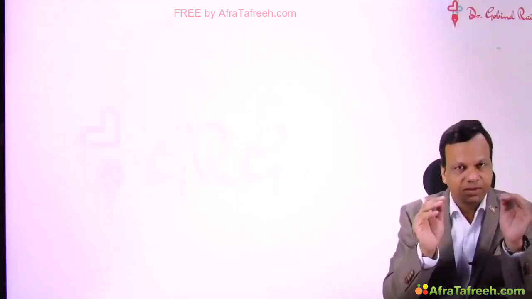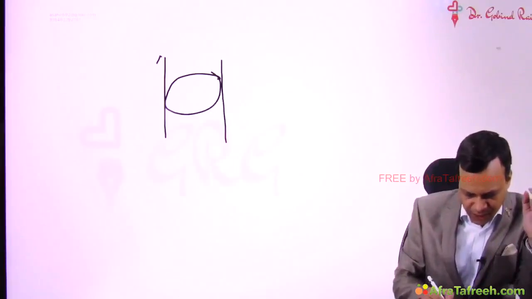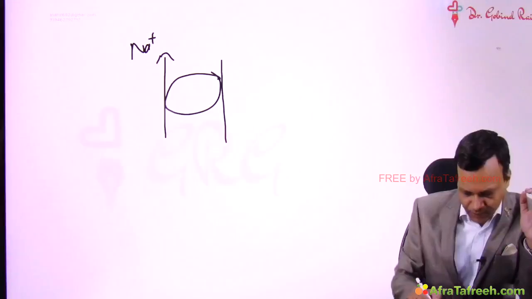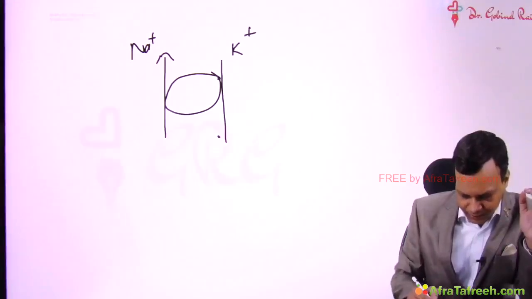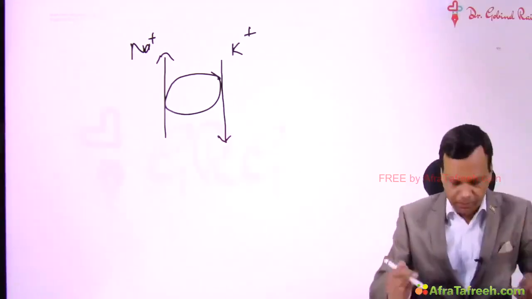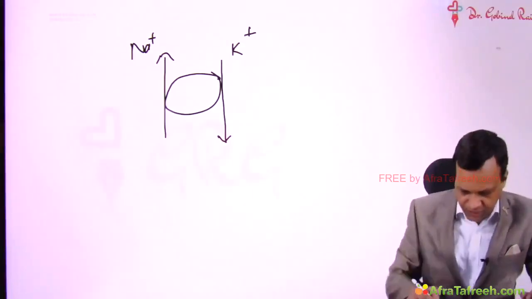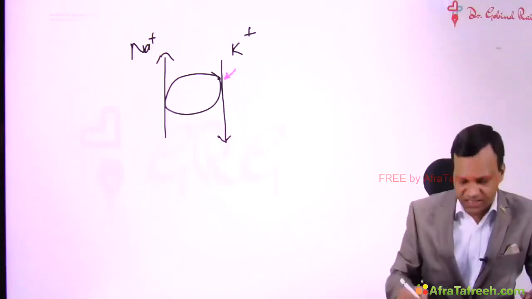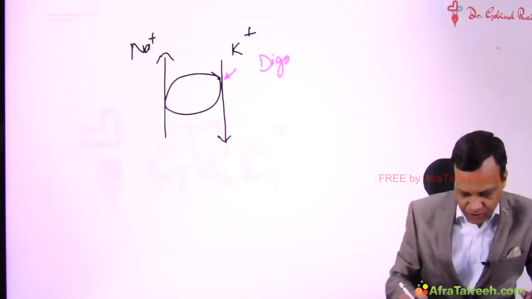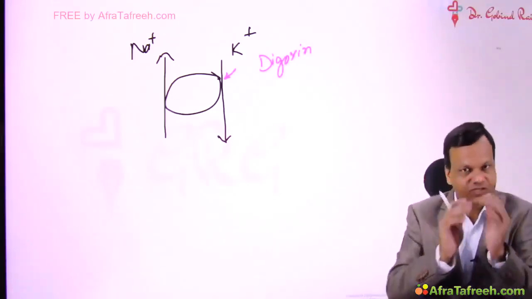Actually, what happens is the sodium potassium pump which is present, which transports sodium outside and potassium inside, this pump, where the potassium binds to this pump, at same place digoxin binds. So digoxin and potassium has same place where they bind.